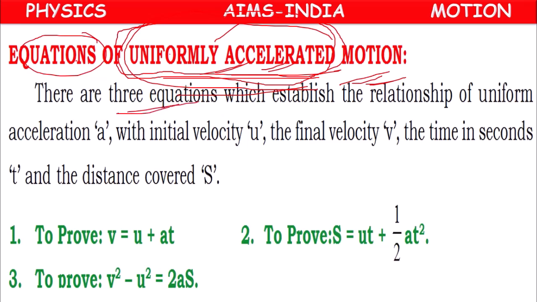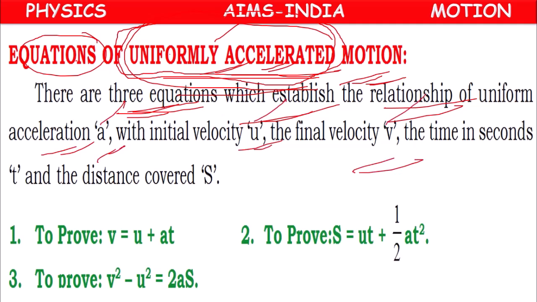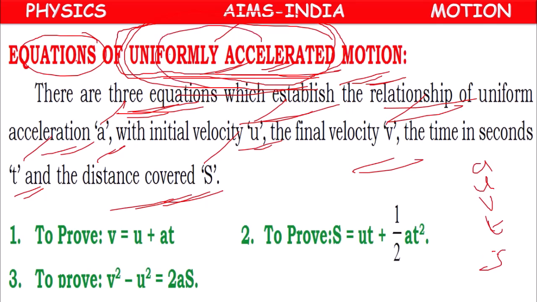So we have mainly three equations which establish a relationship between uniform acceleration a, initial velocity u, final velocity v, time t, and distance or displacement traveled s. Means a, u, v, t, s. When a body is uniformly accelerating, between these five quantities there exist mainly three relations.